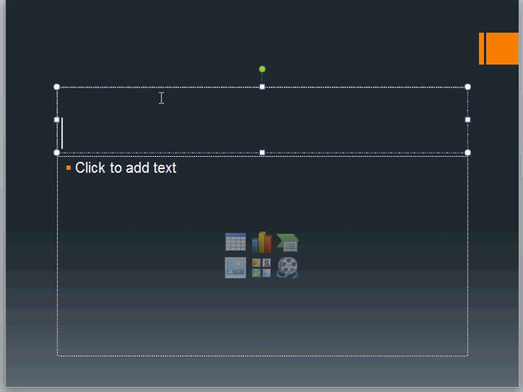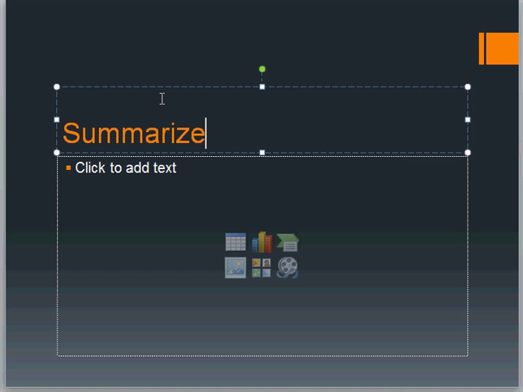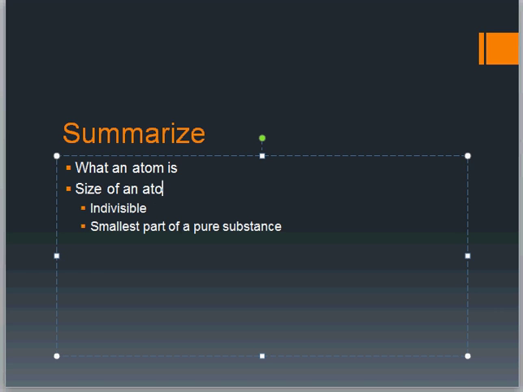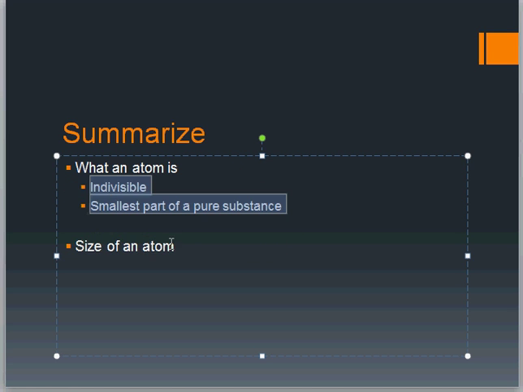Okay, to summarize, we've looked at what an atom is, the idea that it is indivisible and the smallest part of a pure substance. And we've also looked at the size. Okay?